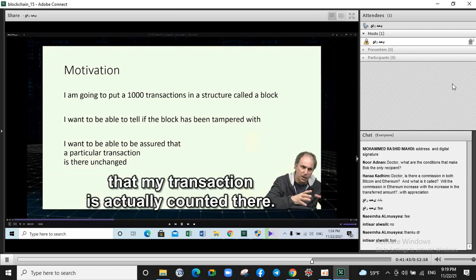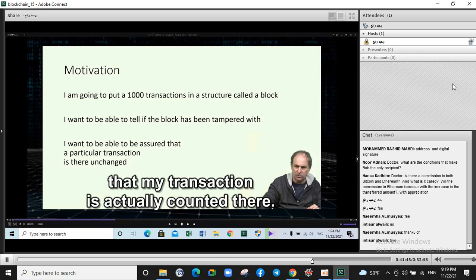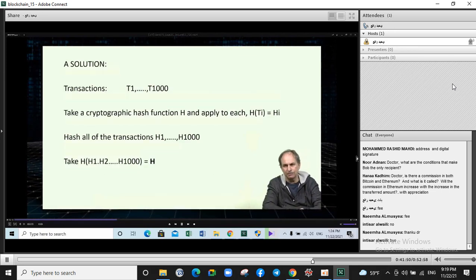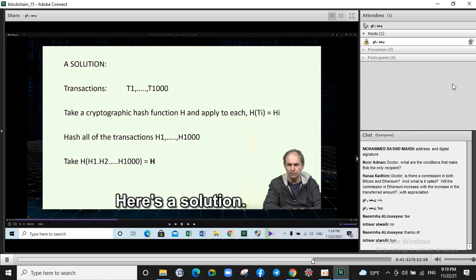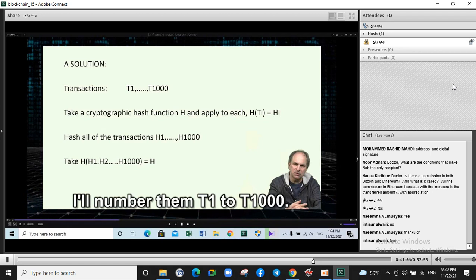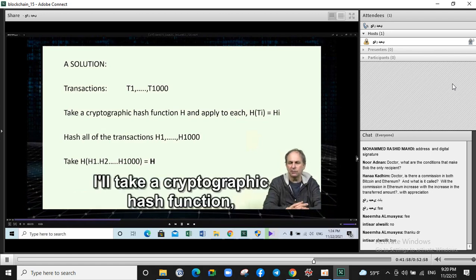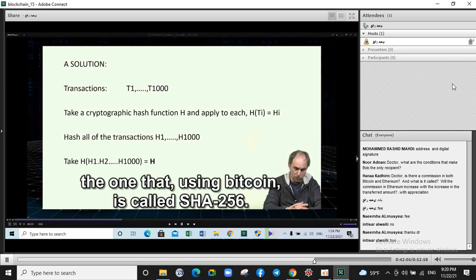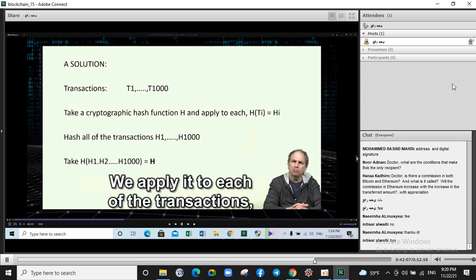So, okay, here's a solution. I've got 1,000 transactions. I'll number them T1 to T1000. I'll take a cryptographic hash function, and the one used in Bitcoin is called SHA-256, but we talked about that before, and we apply it to each of the transactions, and each Ti will become Hi. So I've now got a hash of the transactions.